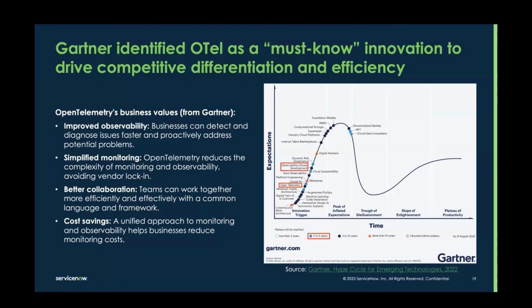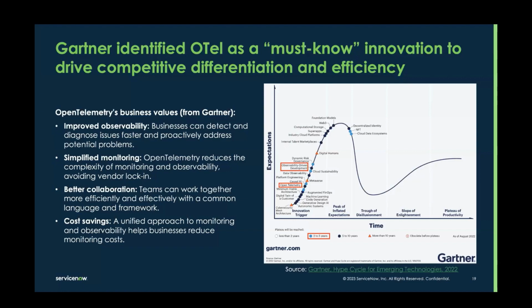With OpenTelemetry, it kind of unlocks this and democratizes it for any organization to leverage it to provide improved observability. Again, it's a very fast moving project. It simplifies monitoring, because a lot of the complexity is removed. You don't need to read through manuals and things like that to use it. It's documented, and because of the project velocity, they're looking at ways to actually improve it to make it even easier for customers to use.